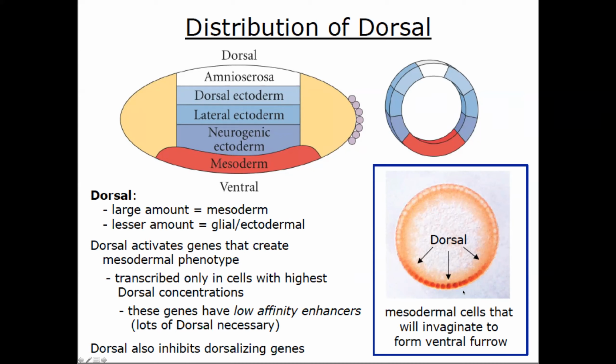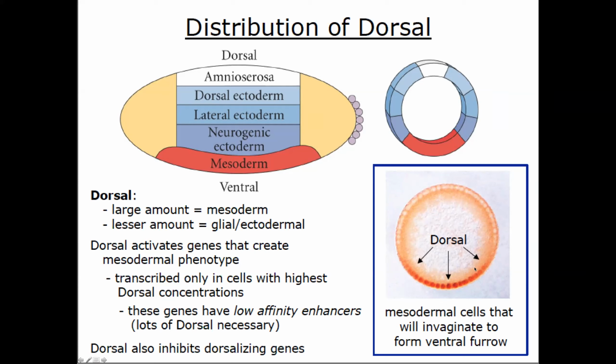Now what this gradient of Dorsal will do, the reason why I am stressing on Dorsal is because this is where the first morphogenetic movement of gastrulation is going to initiate and divide the undifferentiated cells. I mean, there's no segregation of the three germ layers.